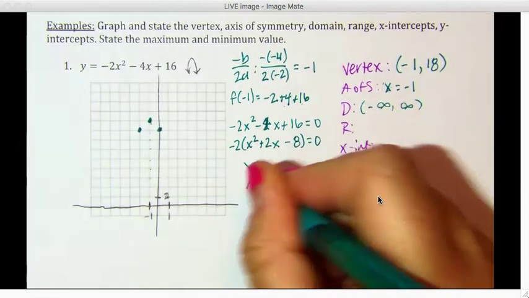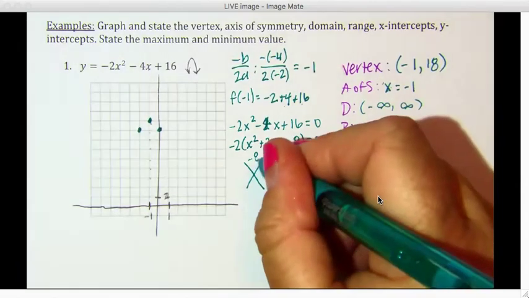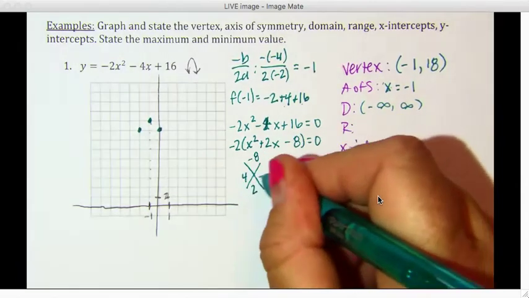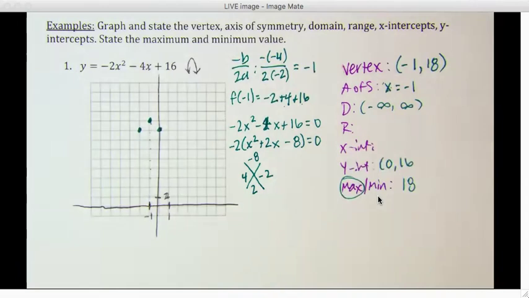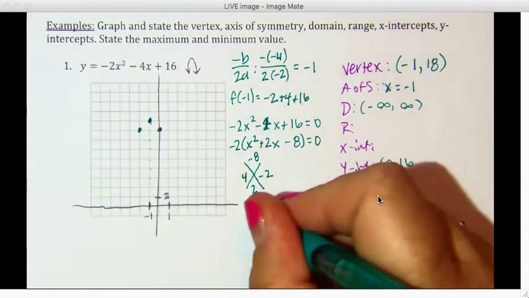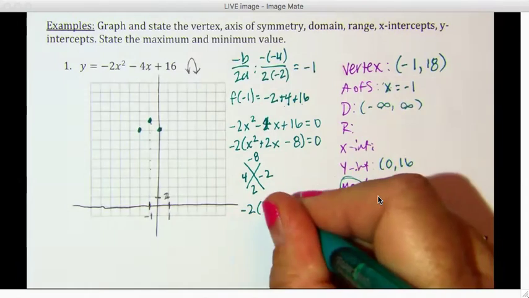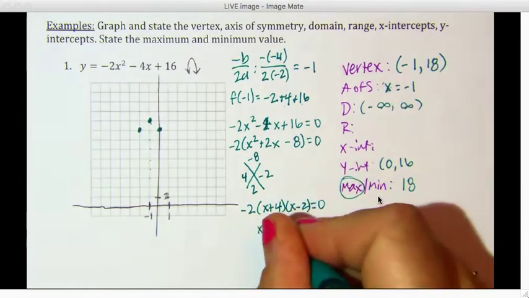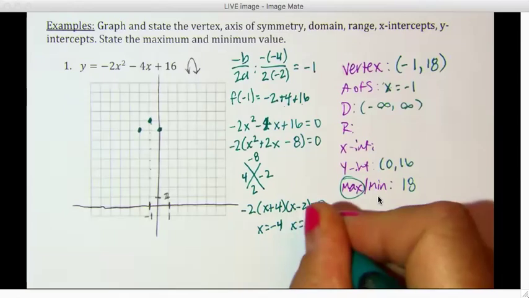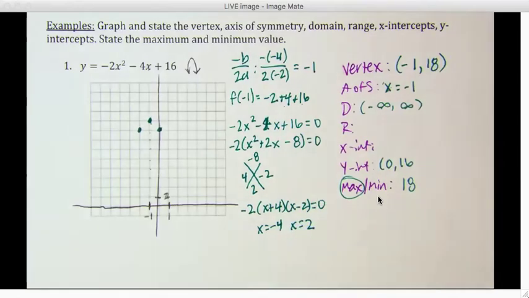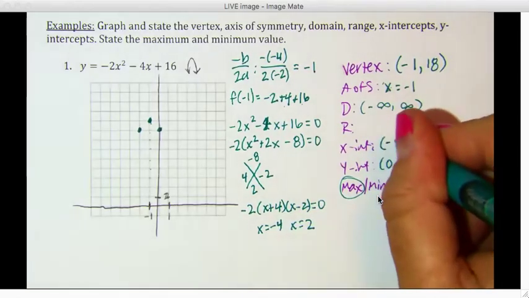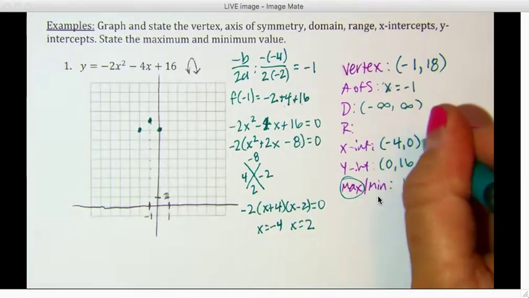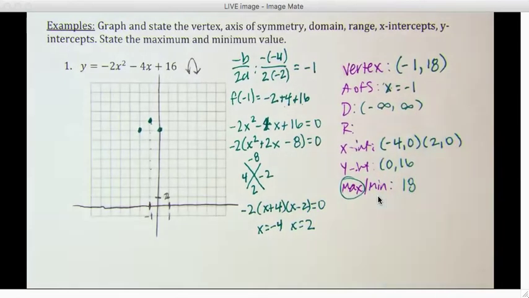I can use the x method to factor that real quick. -8 and 2, I have 4 and -2. Multiply to -8 and add to +2. So -2 times x plus 4 and x minus 2 equals 0. x equals -4 and x equals +2. So those are my x-intercepts, but they need to be written as a coordinate. So -4, 0, and 2, 0 are my x-intercepts.